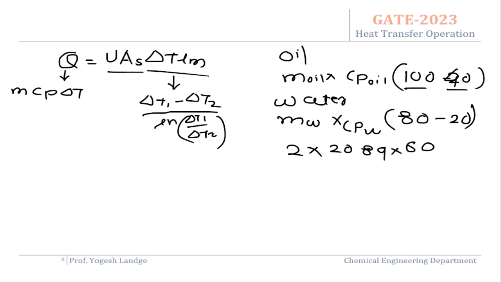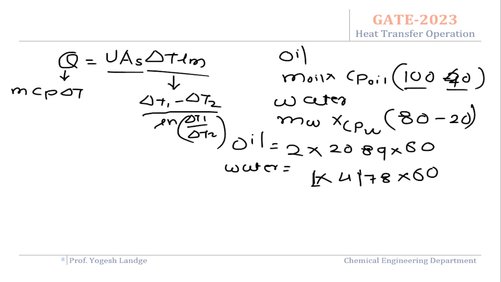And similarly for water, mass flow rate of the water into the specific heat of the water, into the temperature difference, and the temperature difference is 80 minus 20, which is 60.